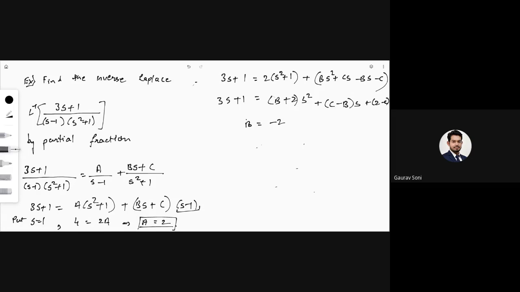So b turns out to be minus 2, and c minus b is equal to 3. c plus 2 is equal to 3. So this gives me c is equal to 1.